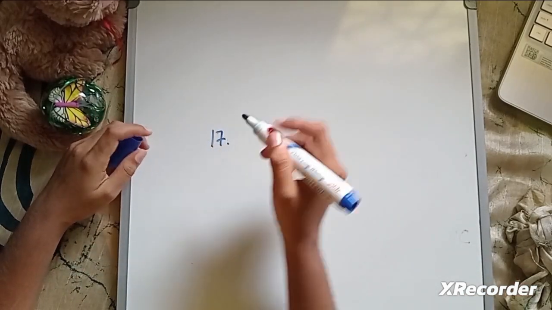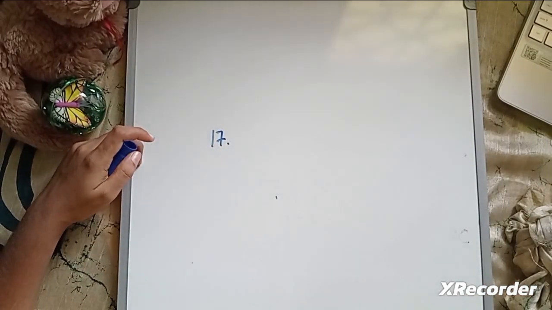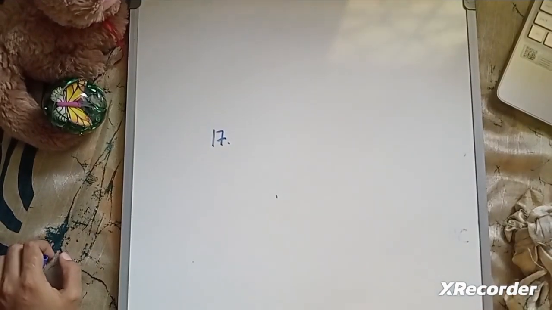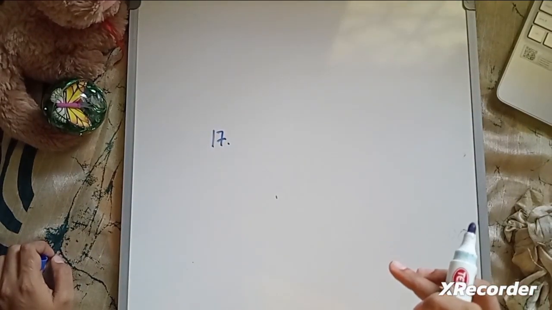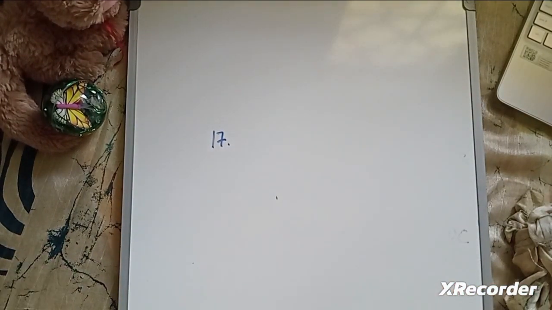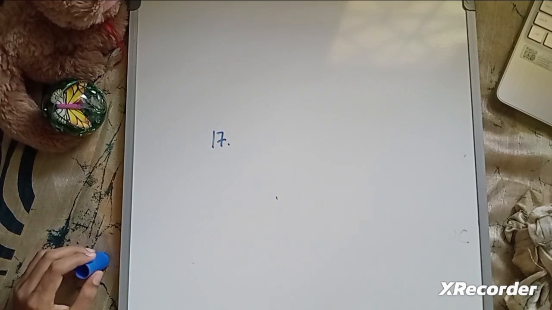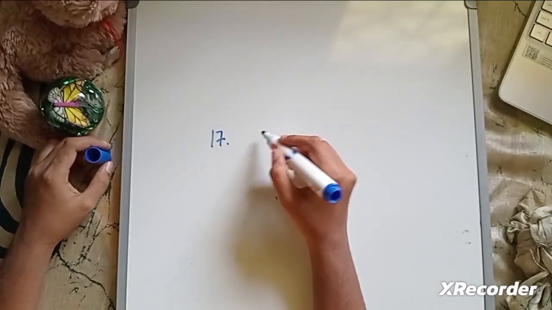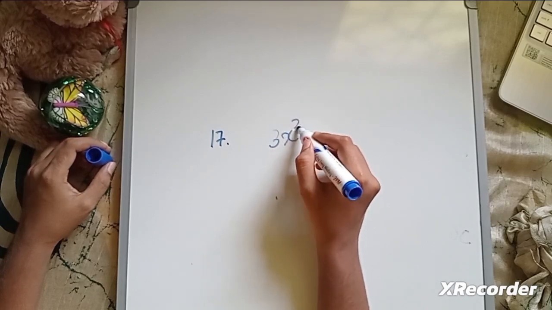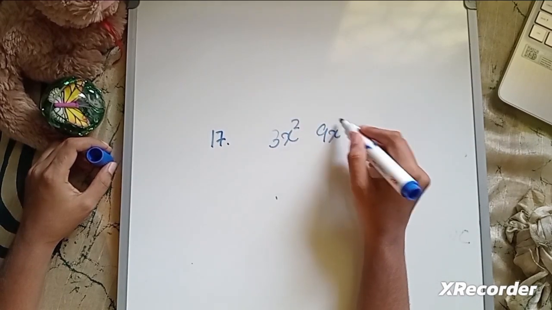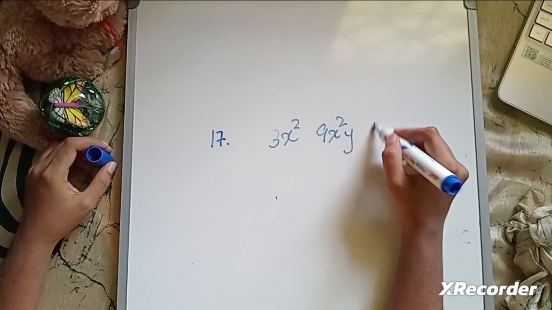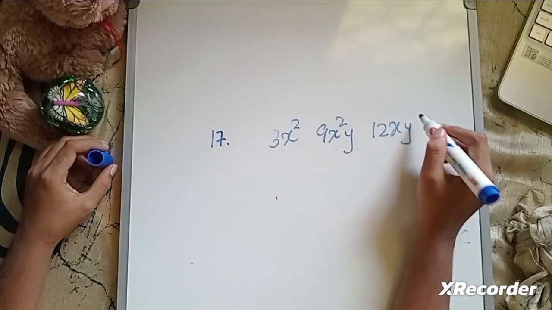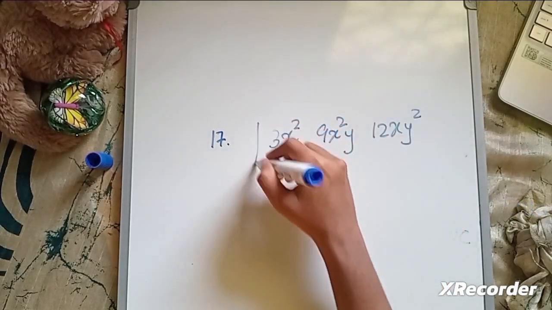Then 17th question, find the least common multiple of the following algebraic terms. These are the algebraic terms they have given, xy squared.